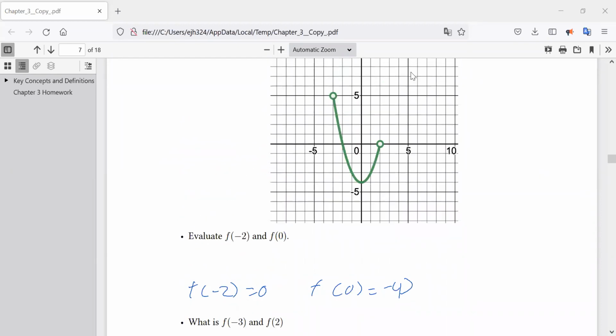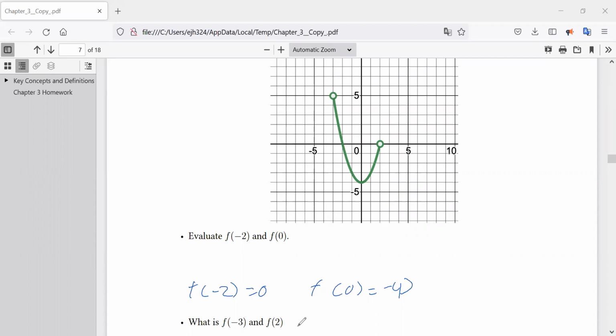What about these other 2 points? So f of -3 here, would it be 5 and 0? But then again, they have open circles, so I'm unsure. Yeah, exactly.